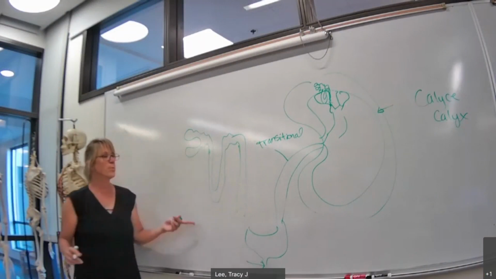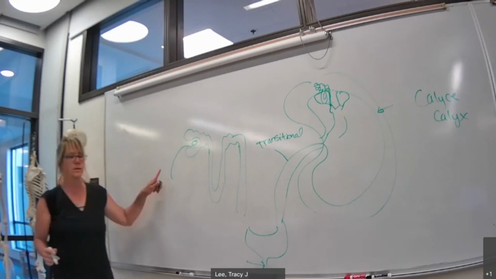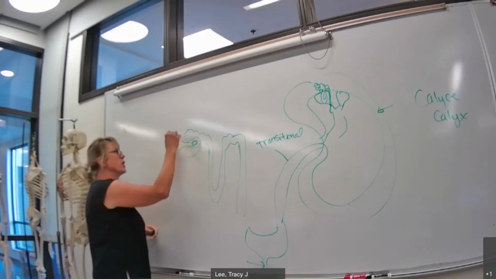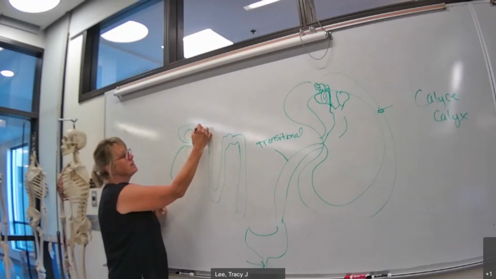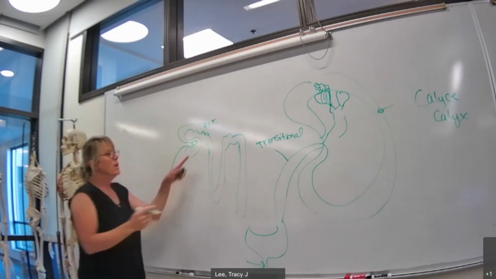Okay, so this is super simplified. But what's my vessel coming in called? Afferent. What's this? Glomerulus. And what's going out? Efferent. This is my proximal convoluted tubule.